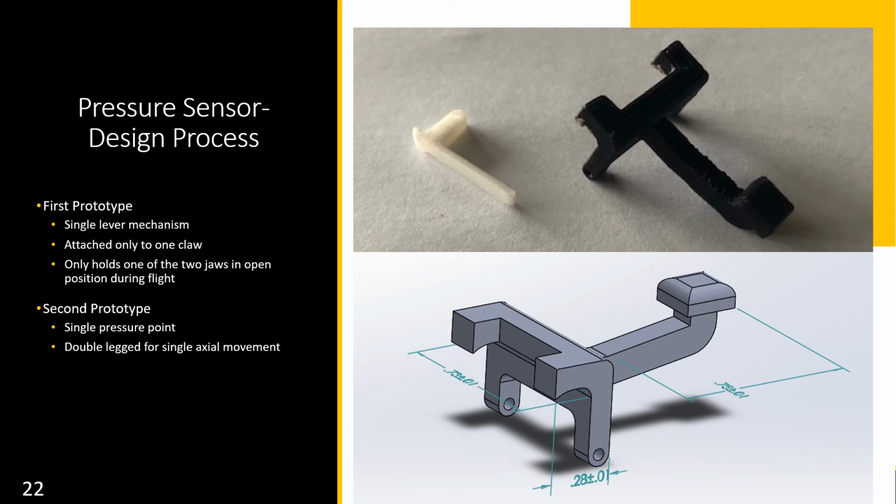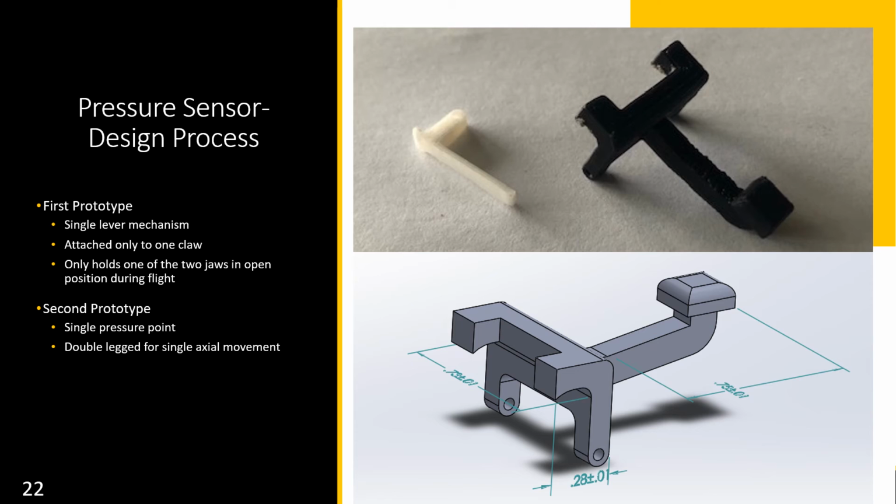As you can see in this component, the size changed drastically. The first prototype was a single lever mechanism, and the second prototype is a double ledge single eggshell movement that would hold two jaws in place instead of one as in the first prototype.